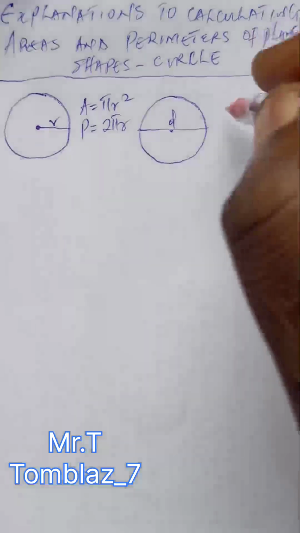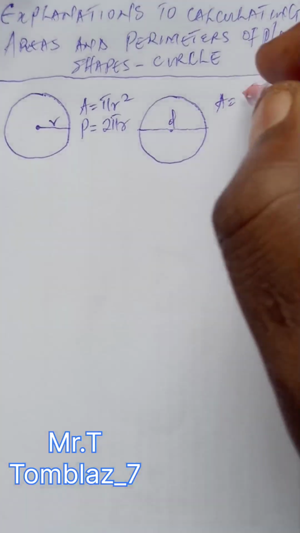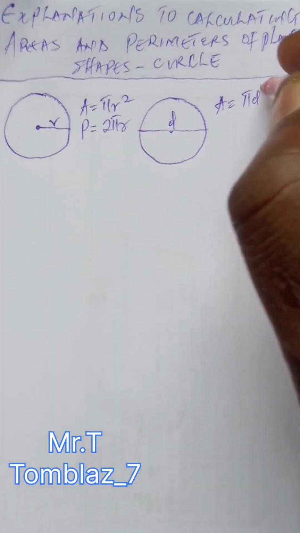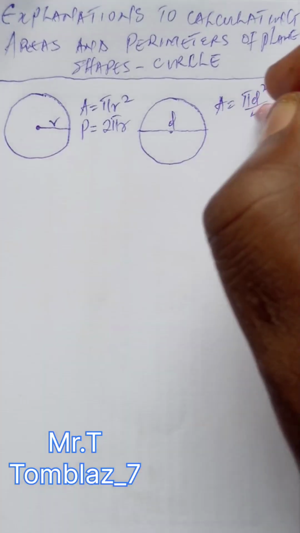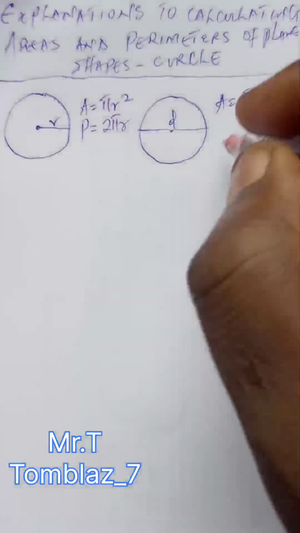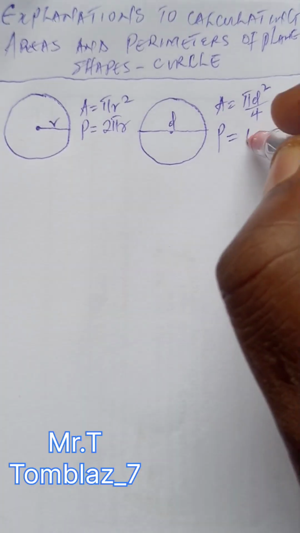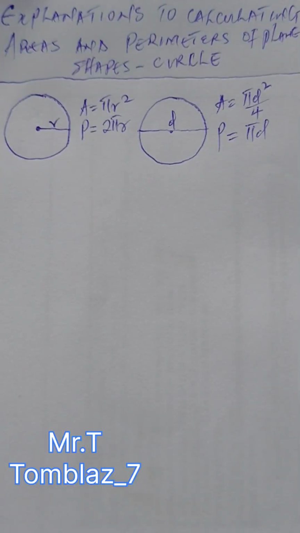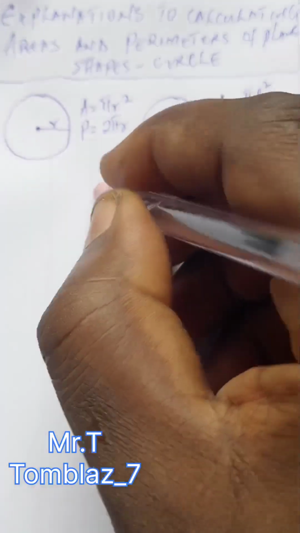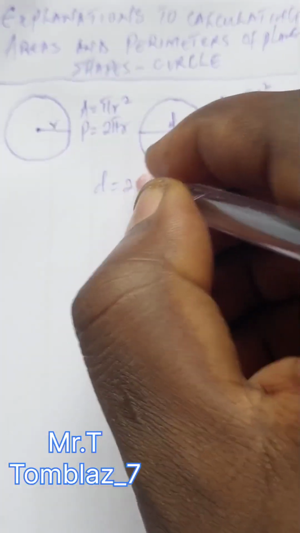Then we can take the area to be pi d squared over 4, and the perimeter to be pi d.